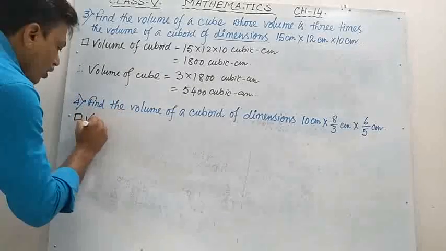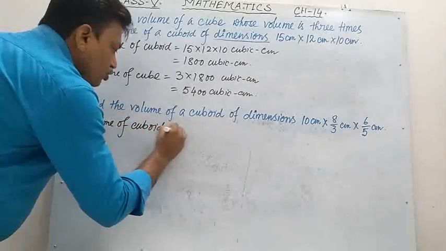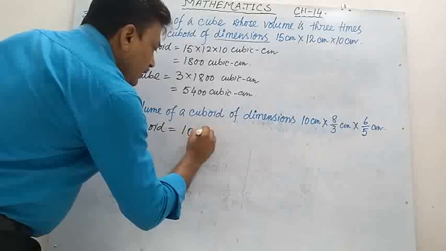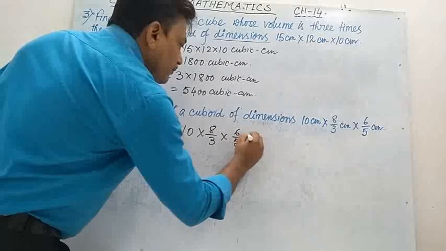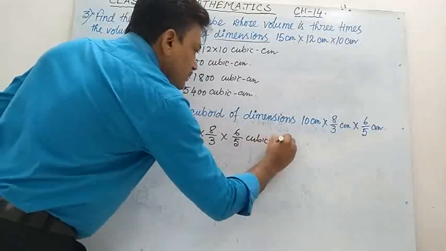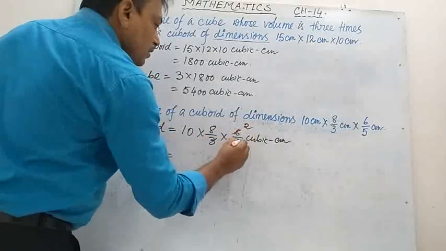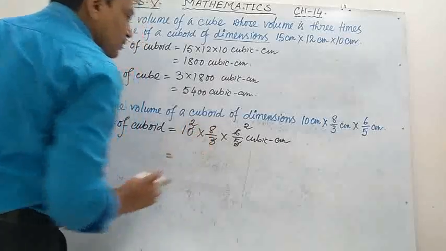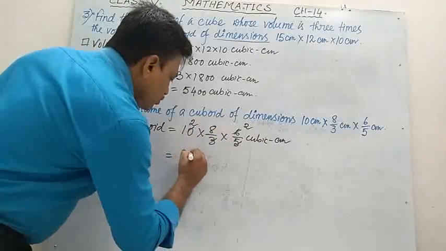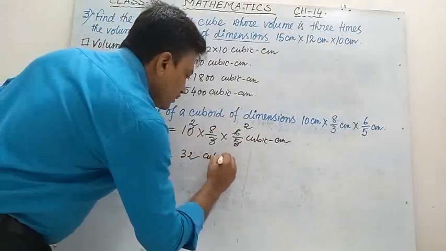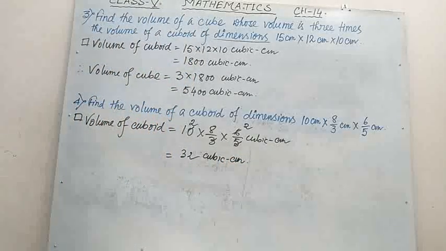So the volume of cuboid equals 10 into 8 by 3 into 6 by 5 cubic centimeter. This equals, 3 twos are 6, 5 twos are 10, so 8 sixteens are 16 into 2, 32 cubic centimeter.